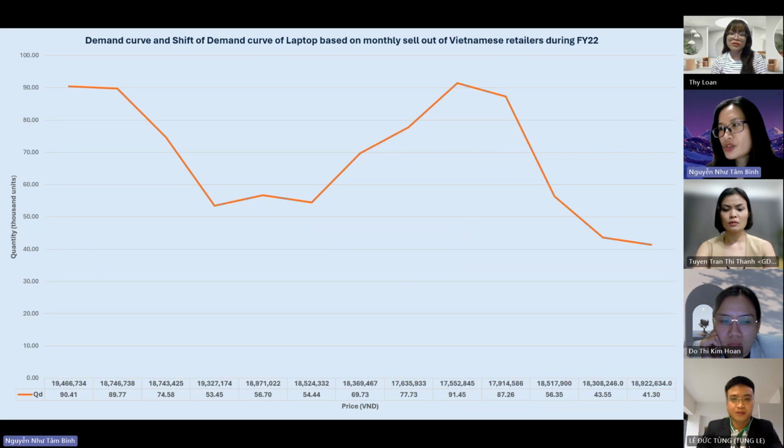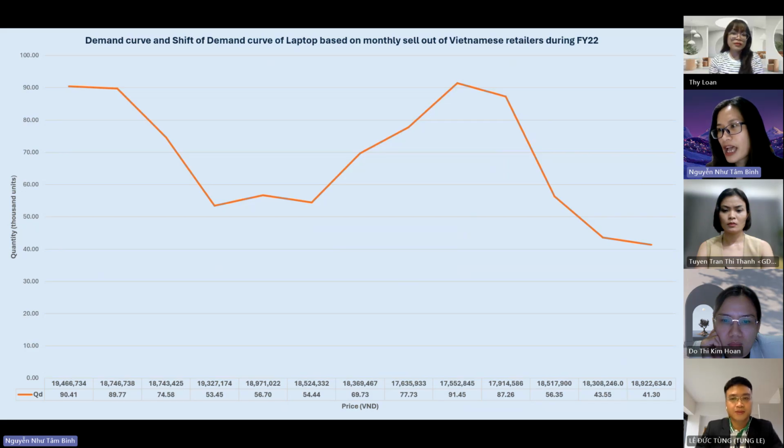People tend to save money for essential goods, and at the same time, the laptop sellers and manufacturers kept increasing the price due to the high cost of production and transportation. The demand curve was back to the normal rule since February, with a negative relation between demand and price.